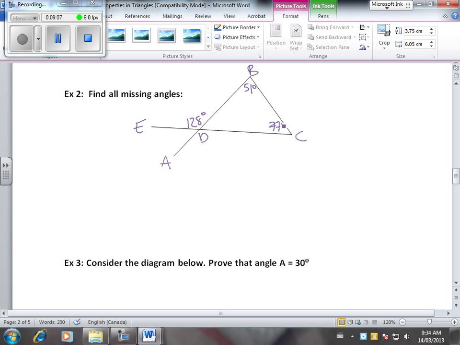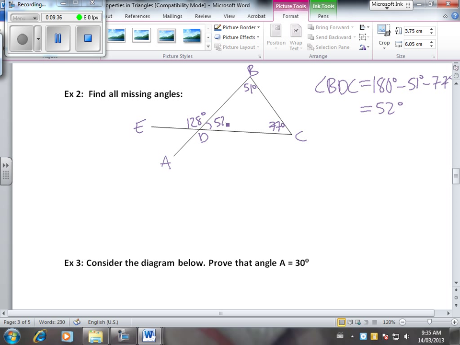So let's say we want to find this angle in the triangle BDC. So angle BDC equals what? How can we find that angle in the triangle? Hopefully you see that we have the two other angles, so we can just do 180 degrees minus 51 degrees minus 77 degrees, and you'll get that that is 52 degrees.